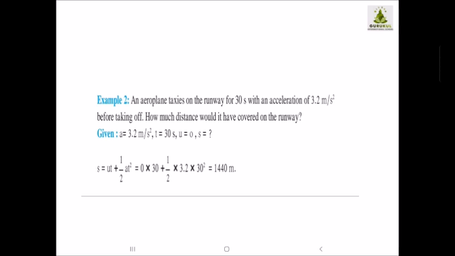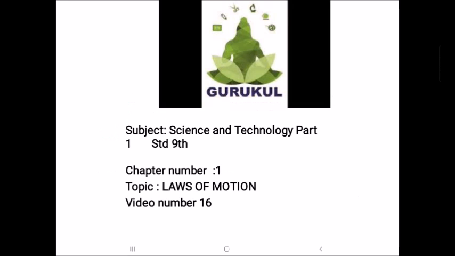If you solve it, you will get the answer 1440 meter. So the displacement, or the distance covered by the aeroplane, is 1440 meter. Remaining solved examples we are going to study in the next video.